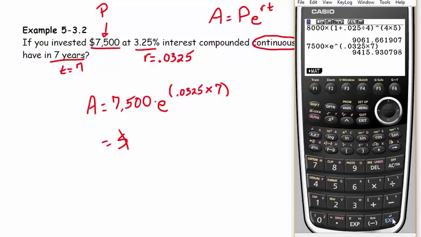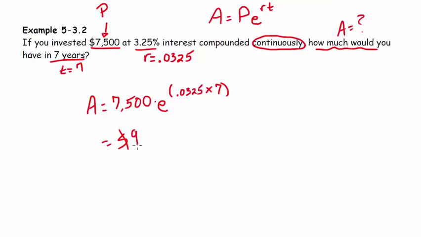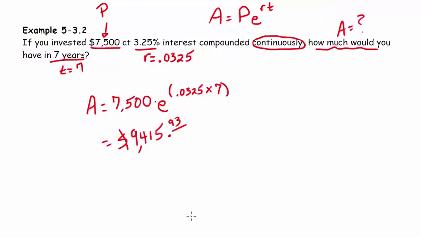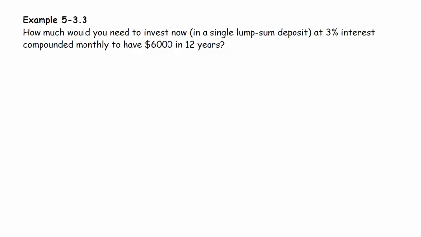So we end up with $9,415.93. Again, not too bad. We're just picking the right formula and plugging those in.